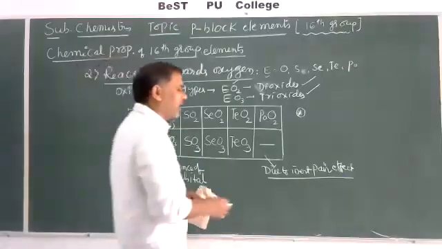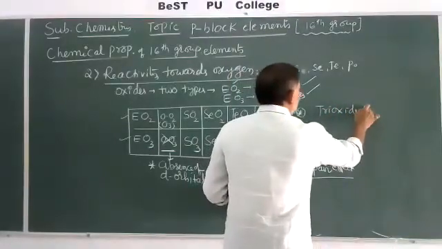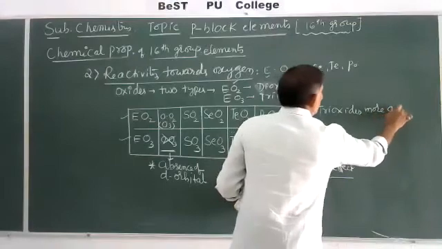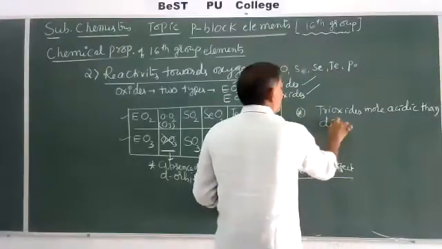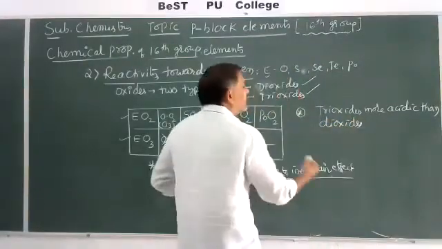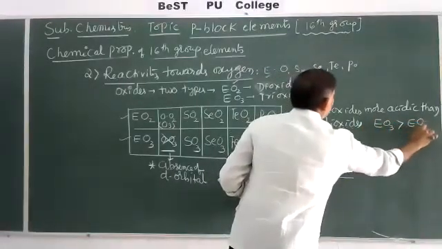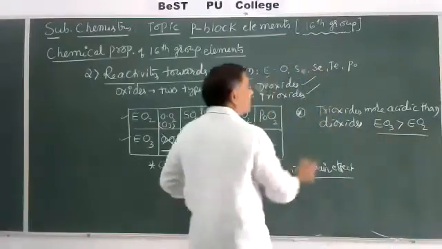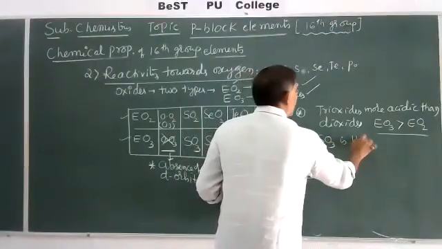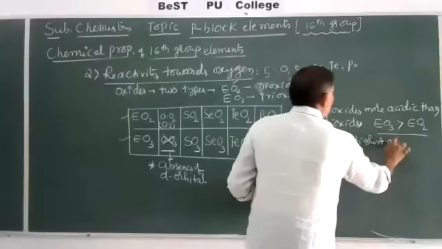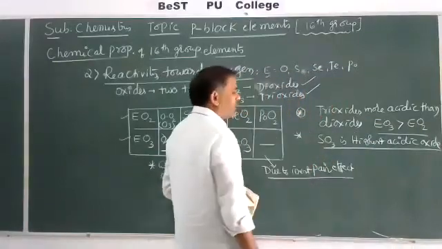Before that, trioxides are more acidic than dioxides. That's why EO3 are more acidic compared to EO2. Very, very important. On that basis, SO3 is the most acidic oxide among the 16th group elements.